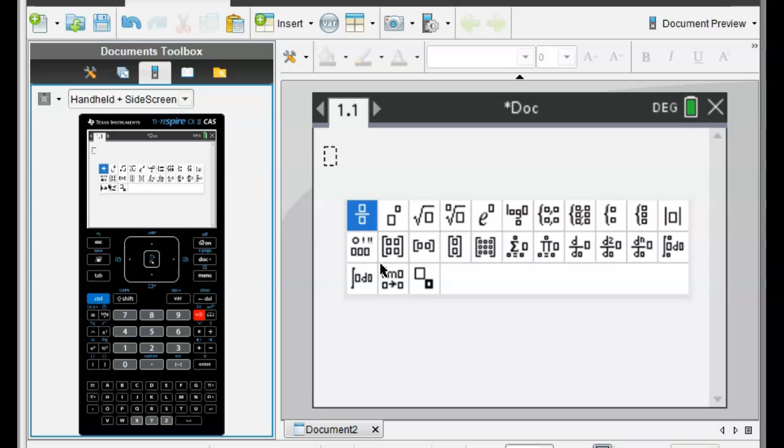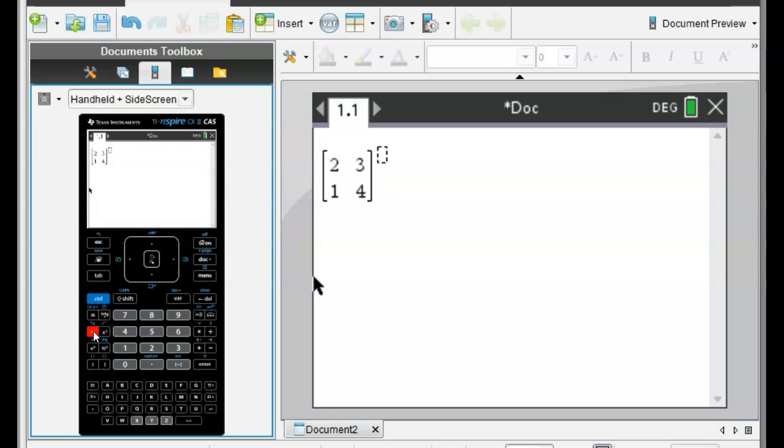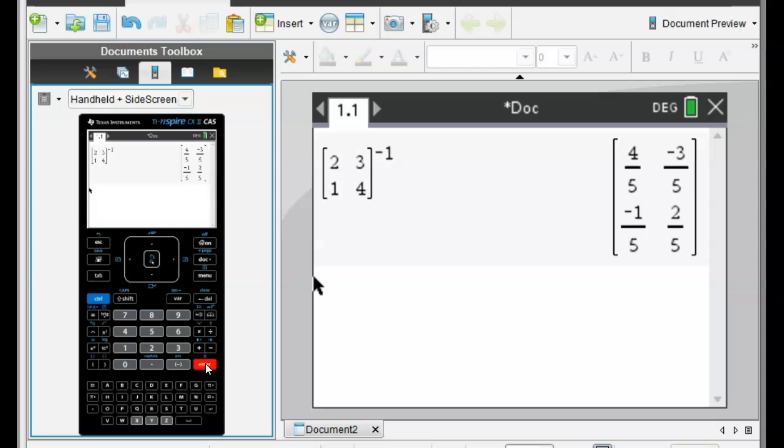Okay, let's put in a matrix and I'm going to make one up. Okay, so there's our matrix. If you want to, you can store it. I never really do. So inverse is to the power of -1. Okay, and there is your inverse.